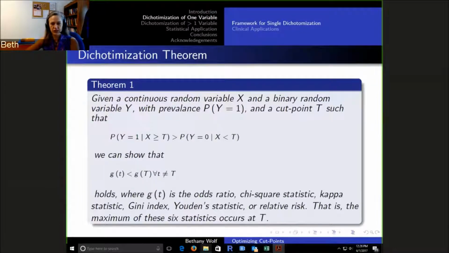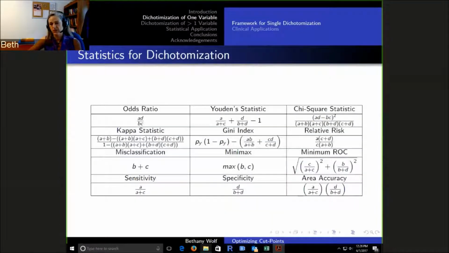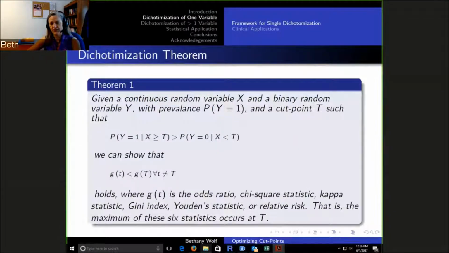The first theorem that we came up with, so recall on the previous page we had 12 statistics that we considered. It turns out that we can show mathematically that if I have some continuous variable x and a binary outcome y with prevalence where probability of y equals 1 is set to p of y equals 1, and we have this true cut point t defined in the way that we originally talked about, where above t I have increased risk, below t I have lower risk, we can actually show that by maximizing the odds ratio, the chi-square statistic, the kappa statistic, the Gini index, the Youden statistic, or the relative risk, these statistics should actually recover that true threshold t.